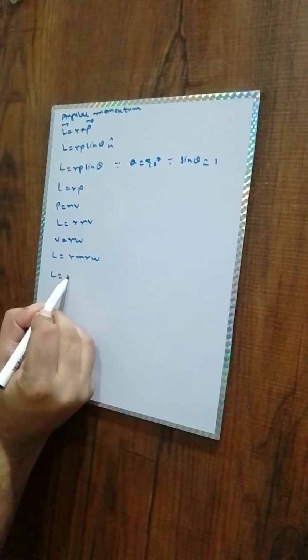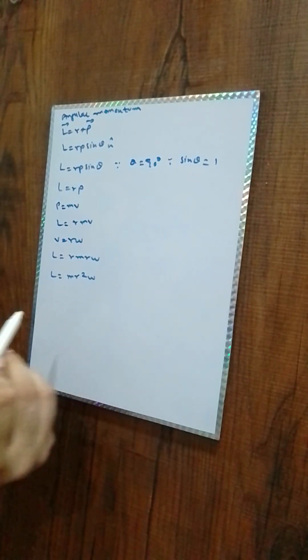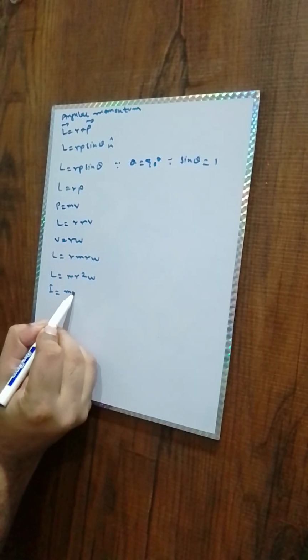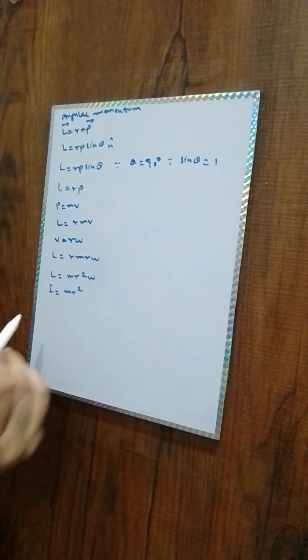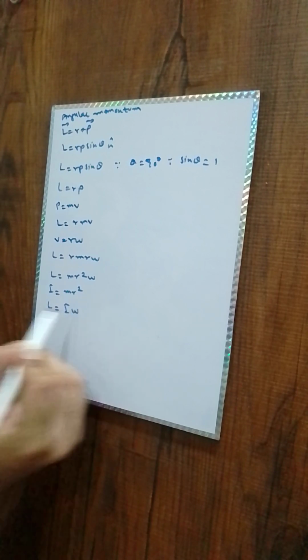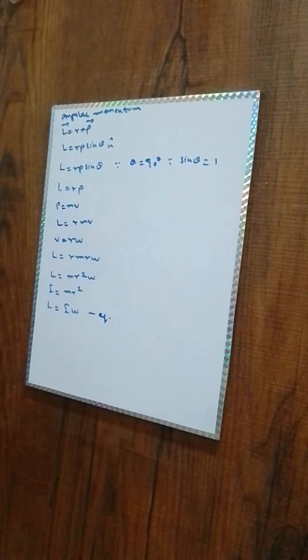So L is equal to R m r omega, so L becomes m r square omega, and now I is equal to m r square, which is the moment of inertia, mass times square of radius. So L becomes I omega. So this is important, basic to knowledge, but very significant in terms of angular momentum.